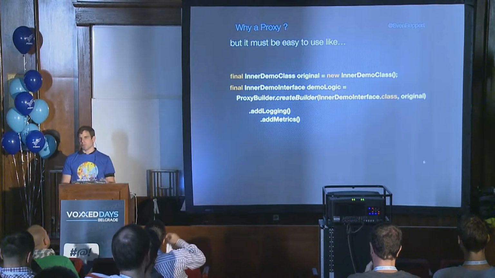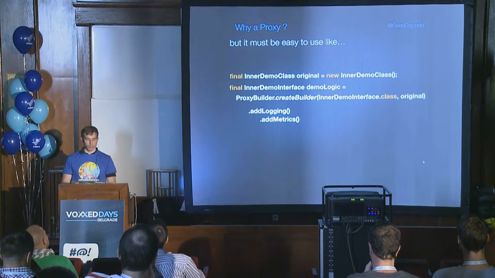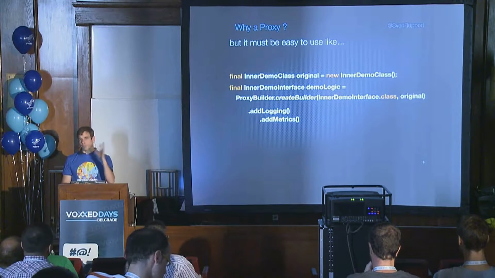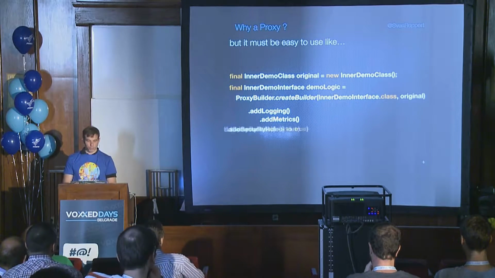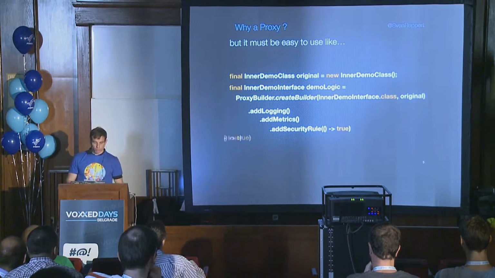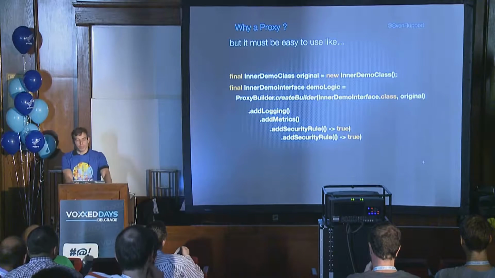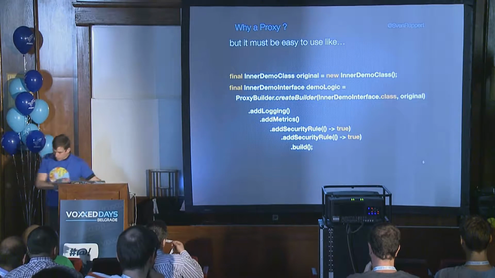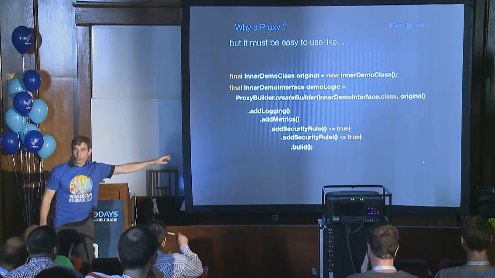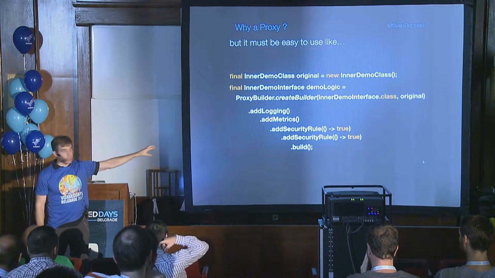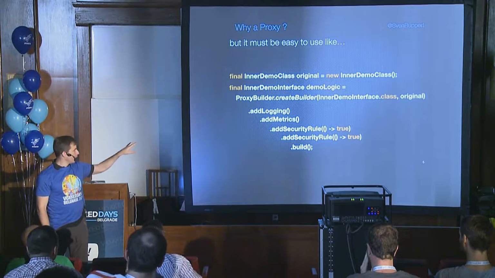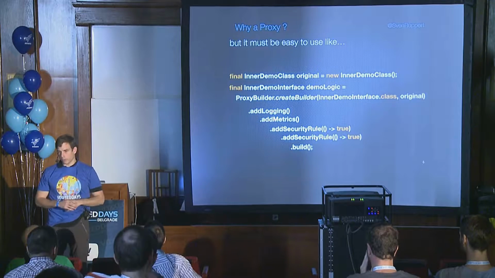Something like, okay, this must be with logging. I want to add metrics, for example, how often and how fast something is executed, and maybe some security rules, business rules, whatever, a lot of them, and then please be ready and build my proxy. So if you have something like this in the end, and I will show you how you can write code so that this will be the user interface, then this is really easy to use.